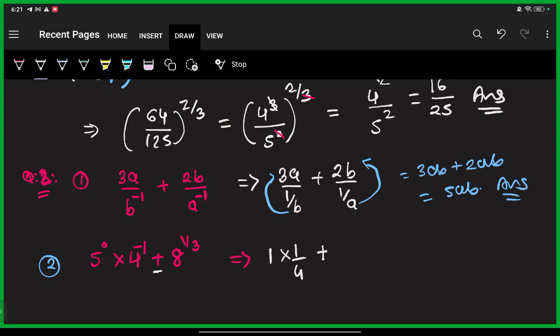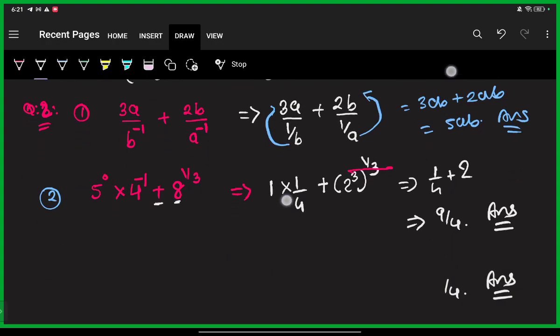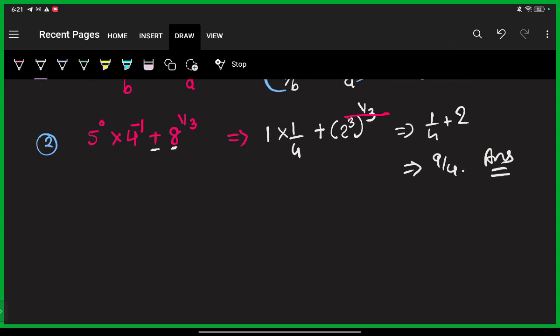So we need to write plus. We can write 8 as 2 cube raised to 1 by 3, right? Yes. 2 cube. Now these 3 will cancel out each other. It will be 1 by 4 plus 2, right? Okay. Yes, sir. That will be how much? So 9 by 4. Very good. Let's move on to next question.